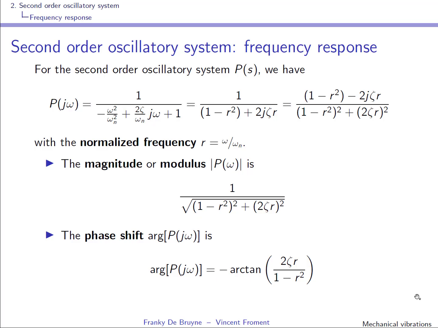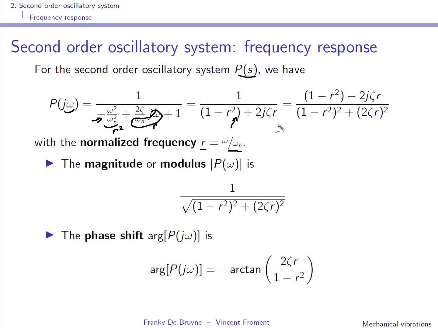Okay, what we'll often do in the remaining part of the course is work with a normalized frequency R, which is the frequency that you're considering divided by the natural frequency. So you start with your transfer function, you replace s by j omega. This is what you obtain, and here you see the quantity R squared and R popping up, so you can rewrite things like that.